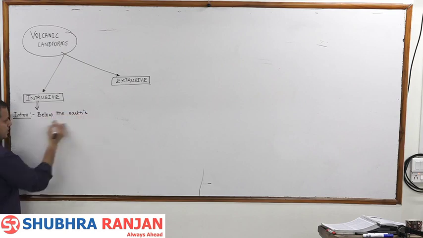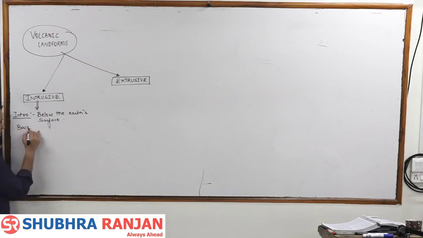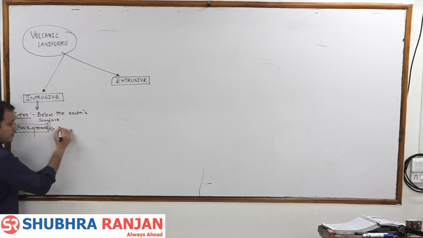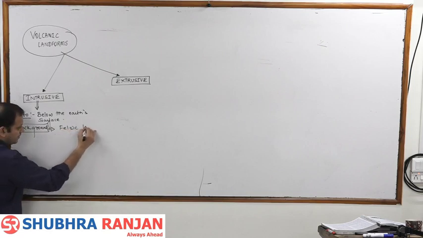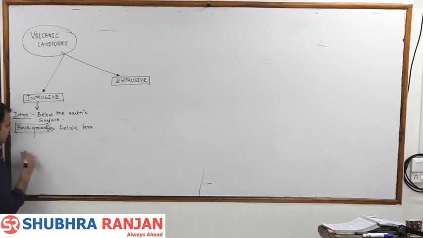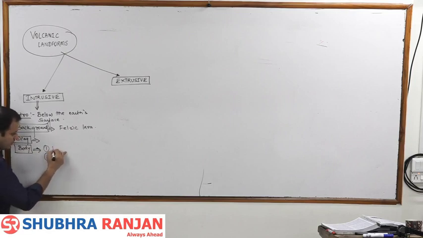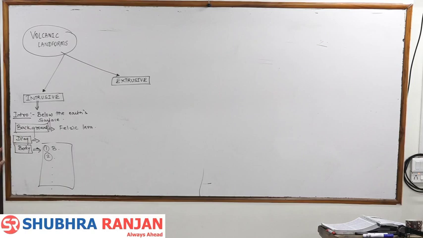Earth's surface. फिर background of 20 words regarding felsic lava, why they are formed. Then diagram जो हमने बनाया है, and then body: batholith, laccolith, lopolith, phacolith, sill and dike. That is the answer. Conclusion.